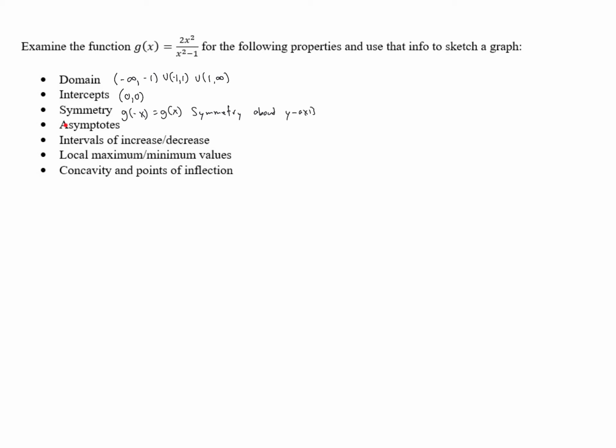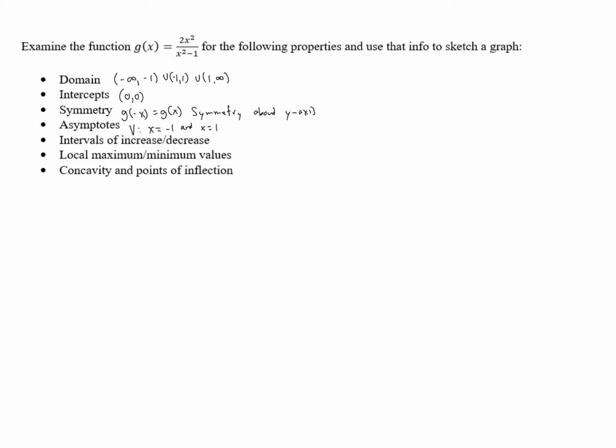For asymptotes, we will have vertical asymptotes when the denominator is equal to 0. And we already saw that that was when x equals 1 or negative 1. So we have vertical asymptotes at x equals negative 1 and x equals positive 1.